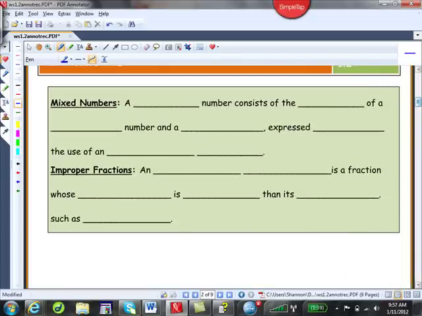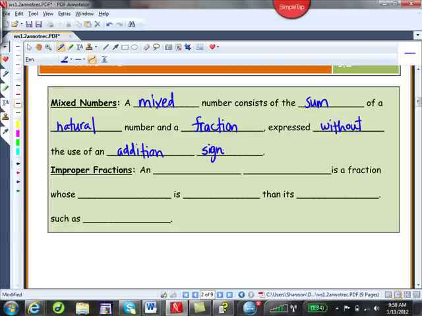Mixed numbers. Okay? So a mixed number consists of the sum of a natural number and a fraction expressed without the use of an addition sign.